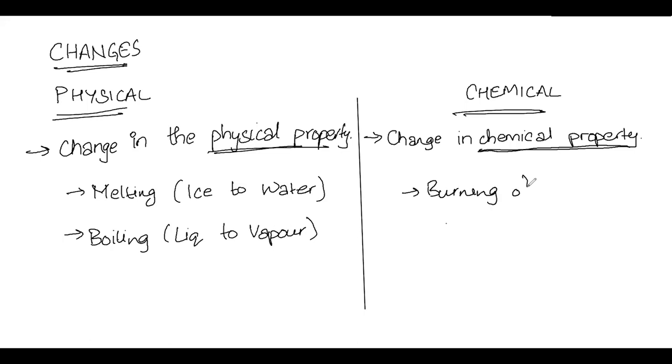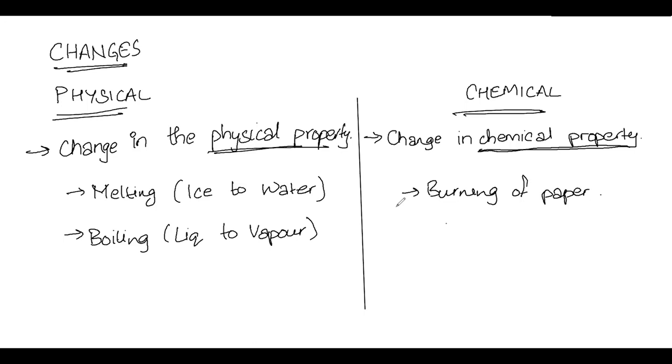So what exactly happens in a chemical change is that, like we all know, every solid matter is made up of atoms and molecules. These are bonded by some bonds. In chemical changes, these bonds are broken and new bonds are formed.